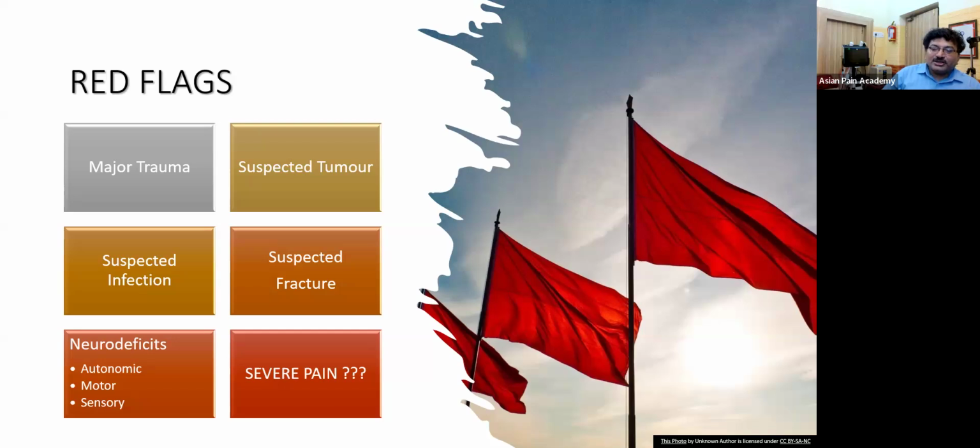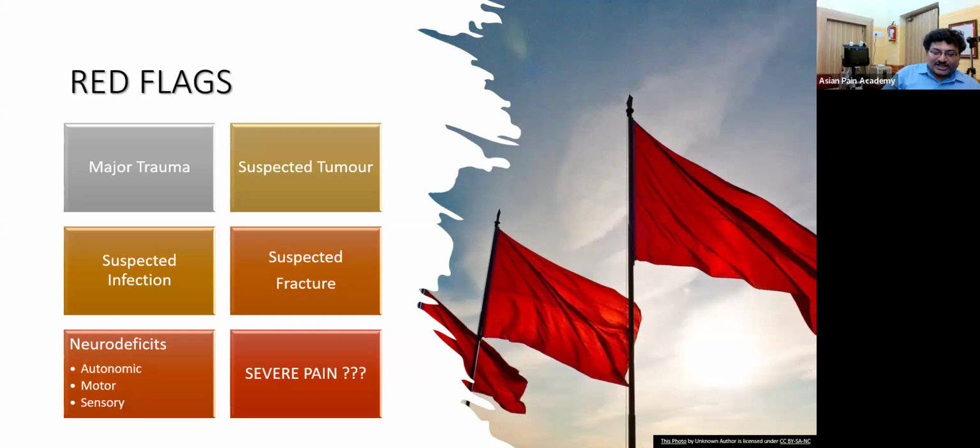How can we suspect? We can suspect with a recent change in body weight, a history of fever, or a recent change in the nature and intensity of pain. So if we are suspecting those conditions, then definitely we cannot wait. So that's also a red flag.